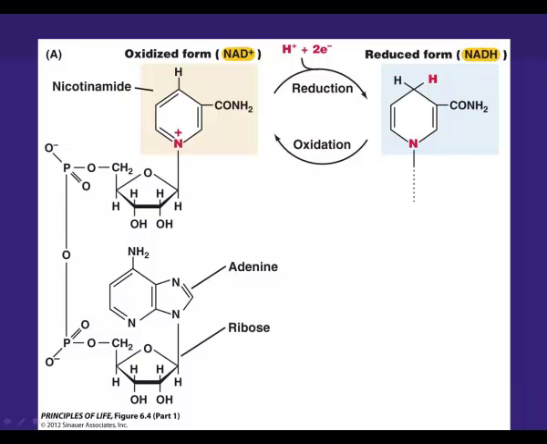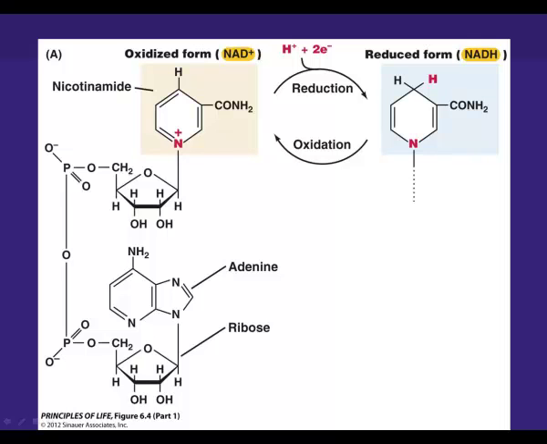And these differ in the presence of this hydrogen atom here and the loss of the charge on the nitrogen atom. That, of course, is an endergonic reaction because it's a reduction reaction. NADH then can readily be oxidized to NAD in an exergonic reaction in which energy is released.